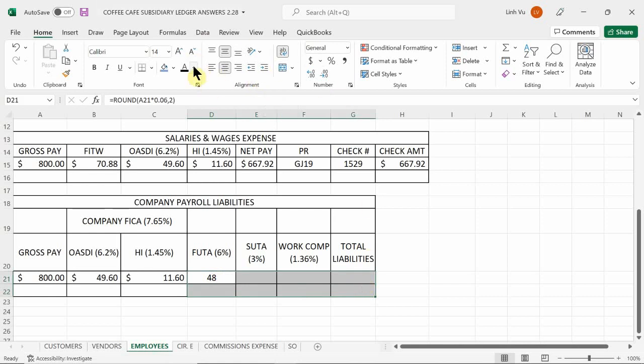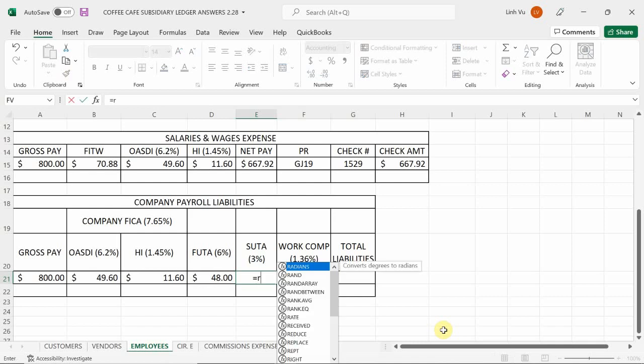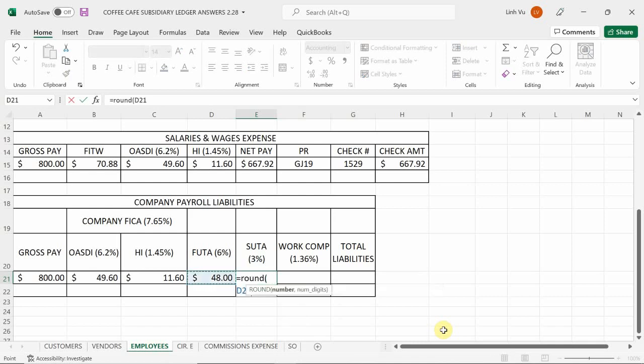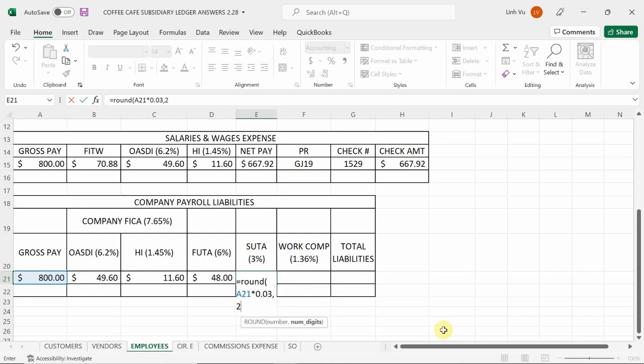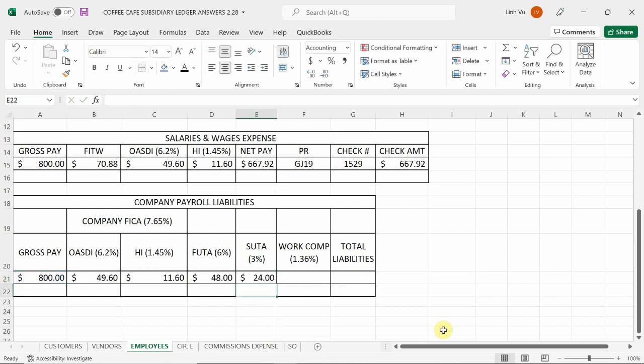And let's see here. The state unemployment tax is going to be 3%. Okay? And it's going to be 3% of gross pay. So 0.03, which is going to give you $24. And then we talk about workers' compensation.